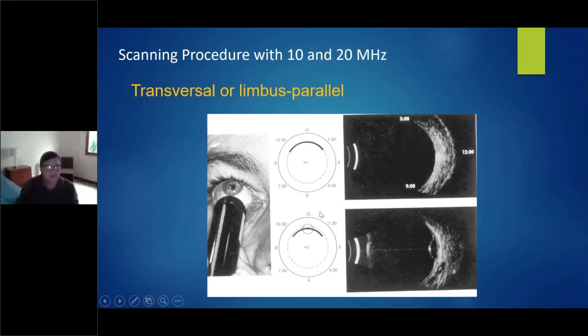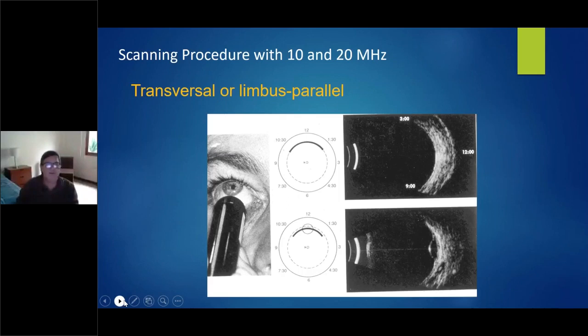If you see transversal, up is 3 o'clock, down is 9 o'clock, and in the middle is 12. It all depends how you change the movement or incline the probe to see more anterior or more posterior by the movement.